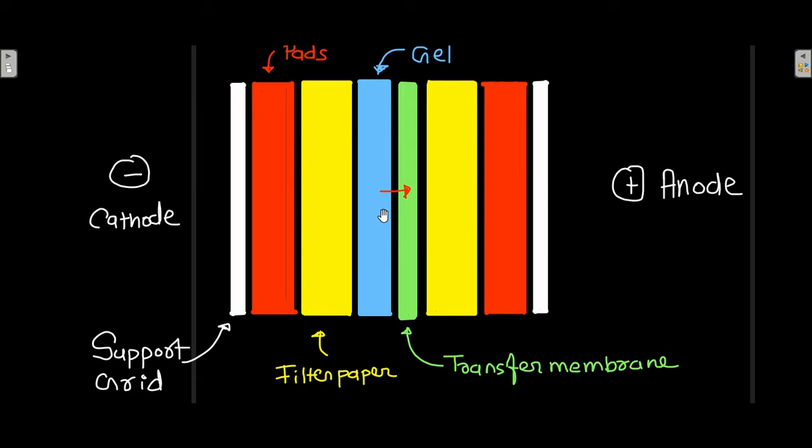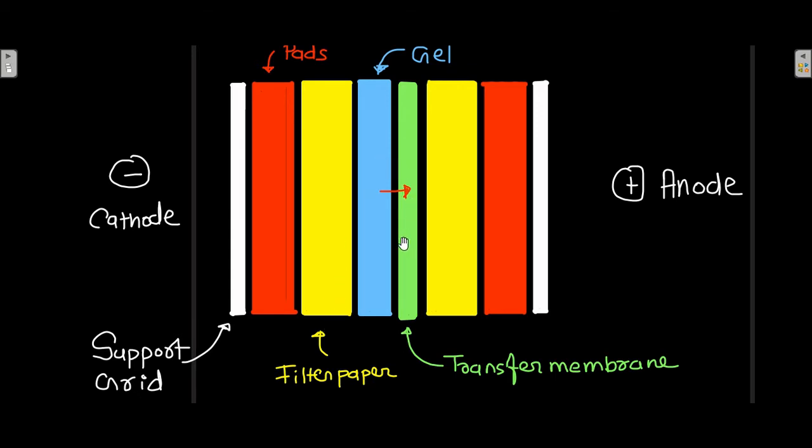Once you induce the electric field through this system, the negatively charged proteins from the gel will go to the transfer membrane, because those negatively charged proteins will move from cathode to anode.